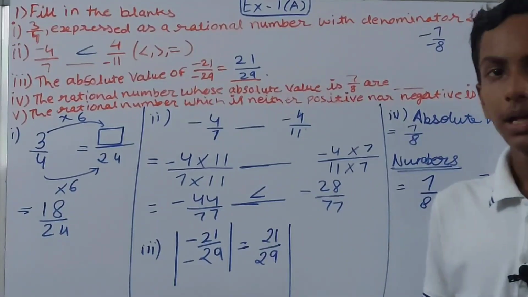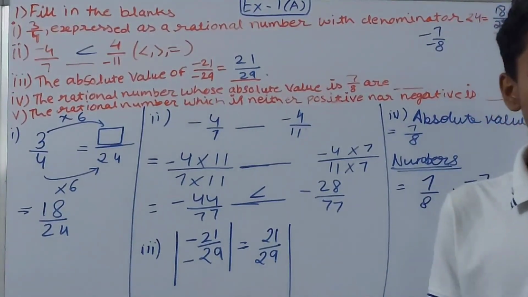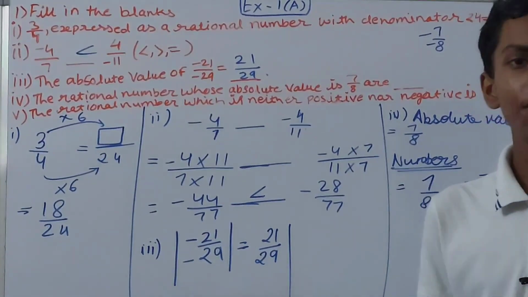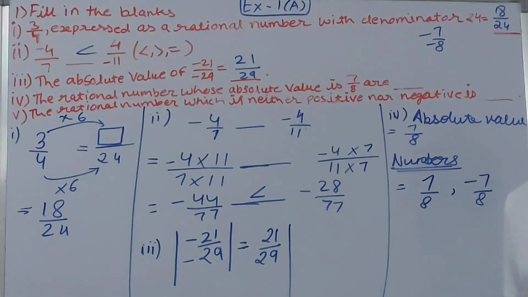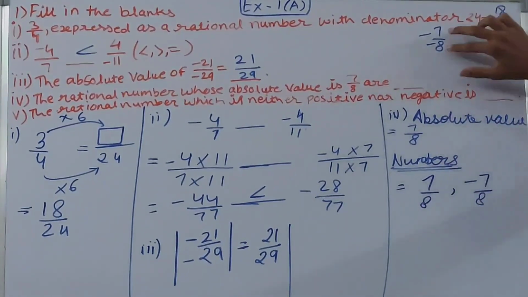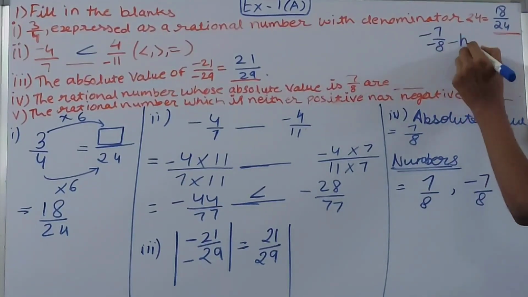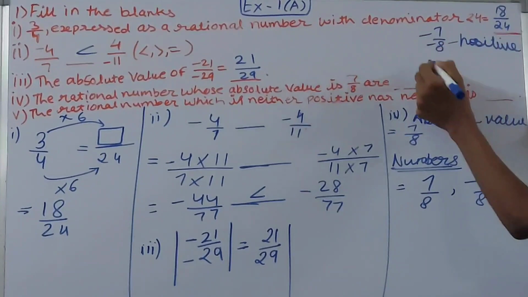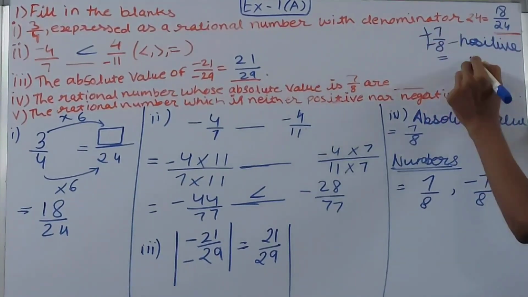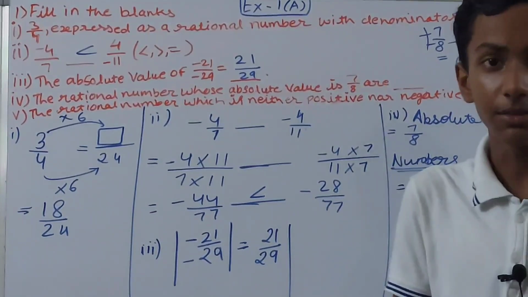If both the numerator and denominator are positive, or even if both of them are negative, then it is called a positive rational number. Here both the numbers are negative, so this is not negative, this is positive only, right? It is just that it has minus signs. So basically we'll cut the minus signs, and we'll get 7 by 8 only. So this is only positive.